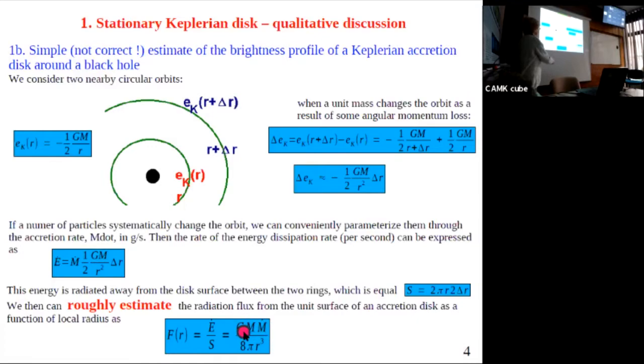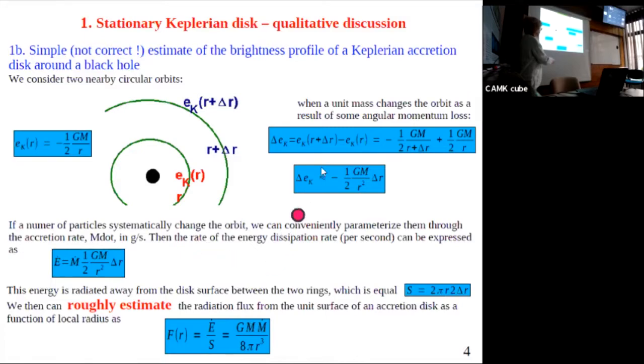So it's just proportional to the central mass, to accretion rate, and it goes down like R^-3. So this is not the exact formula. We will determine the exact formula during the next part of the lecture. This will involve a lot of mathematics, but the result will be sort of similar.